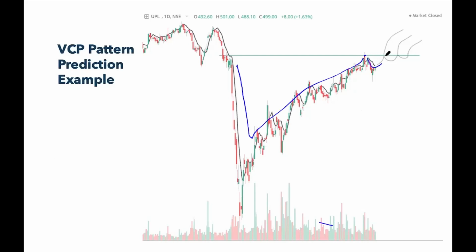It can create another T, another one and another one, and eventually give a breakout somewhere at the end of this T. If the volume goes consistent like this, there are high chances that the pattern might work. This particular example I took way before, and this pattern failed because volume somehow was not giving any indication that it was going to give a VCP breakout.